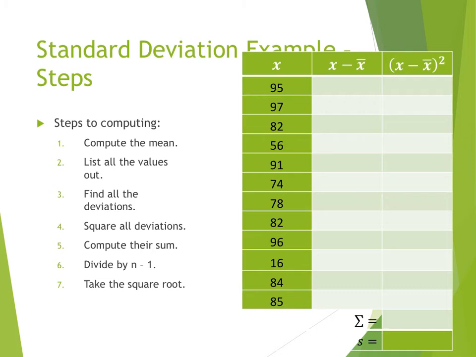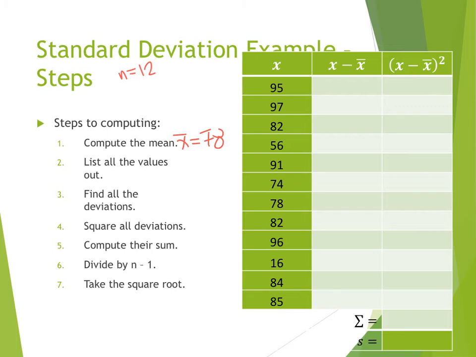So we need to figure out what is x bar. To find that mean, we're going to add up all of our x values and divide by our n. And remember that n is 12. If you do that in your calculator, you should get 78.